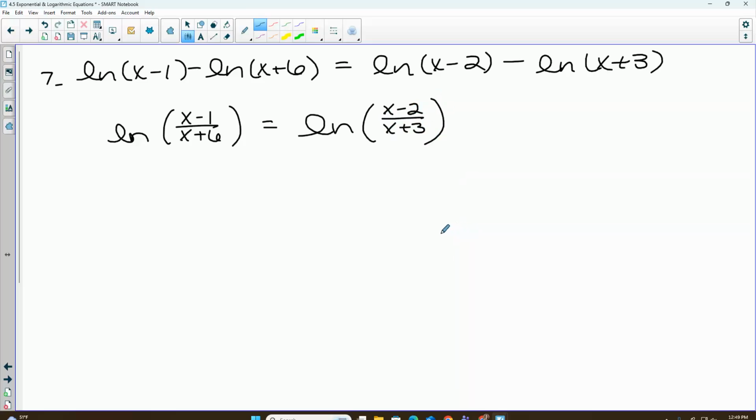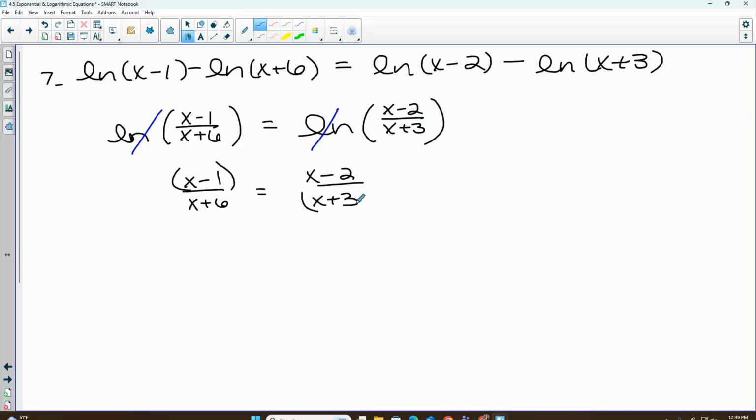On the last problem, we had a log on one side, so we had to change it into exponential form. This time I have a log on both sides, so what do we do? Drop the logs. X minus 1 over x plus 6 equals x minus 2 over x plus 3. And now what do we do?